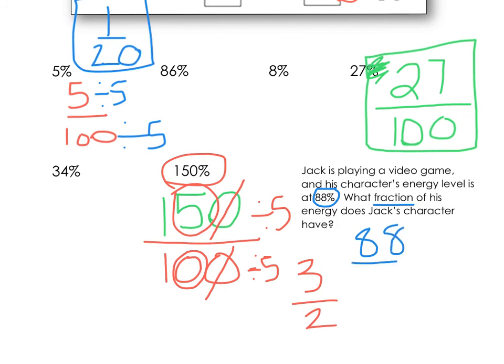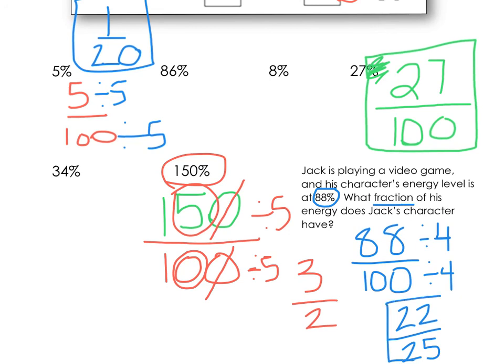And remember, our whole is going to be 100 because no matter what, our percent is always going to be out of 100. And then we can divide by 4 in this case. So 88 divided by 4 is 22, and 100 divided by 4 is 25. And now you should know how to convert a percent to a fraction.